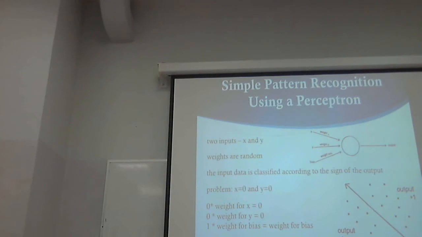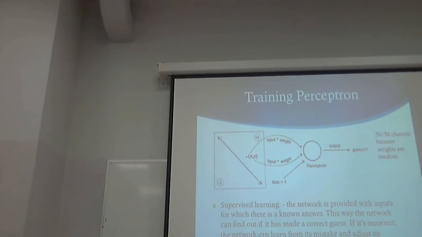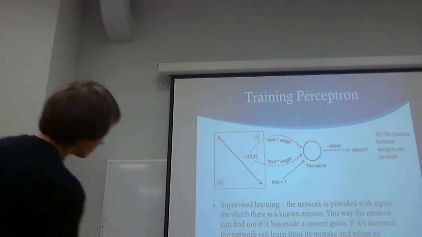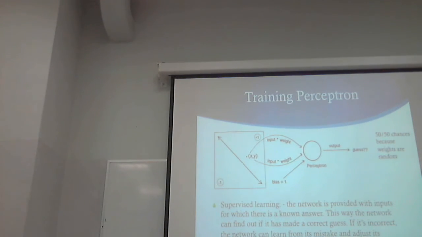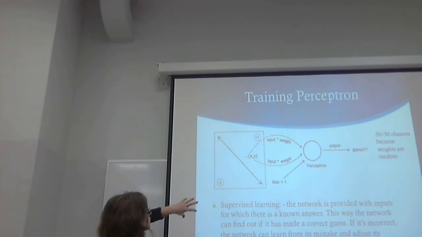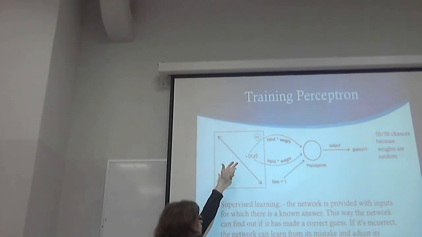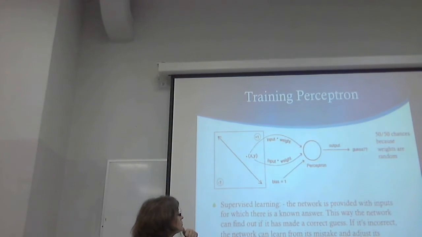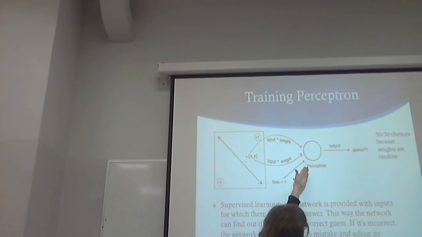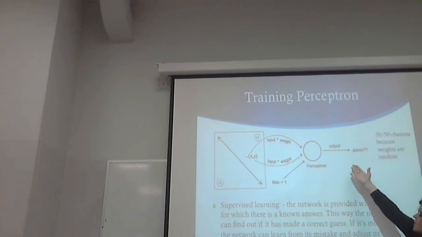So I draw this line, and, for example, there is a dot with coordinates x and y, and I submit it to the perceptron, and I have some output.